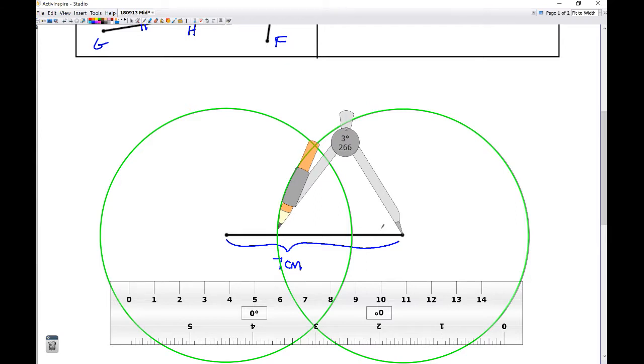So now we've made 2 circles of equal size, both with a 5 centimeter radius, and they overlap.